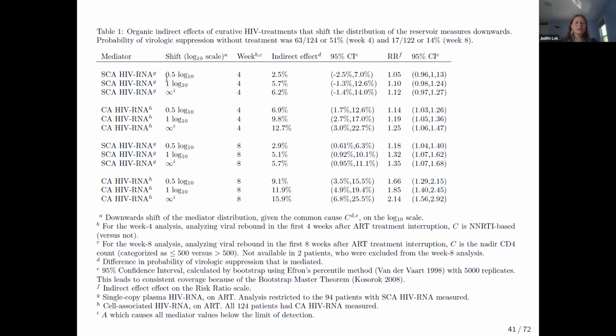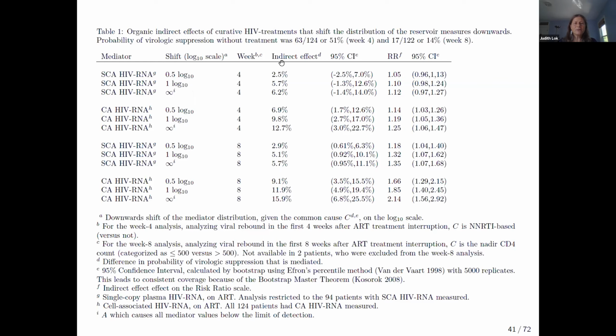Here we present a 0.5 log10 shift and a 1 log10 shift, so a 10-fold reduction of the mediator values. And here, because these mediators also have an assay limit, we looked at what if all the mediator measures go below the assay limit. We then found the indirect effects on a risk difference scale of treatments that result in such shifts of the mediator.